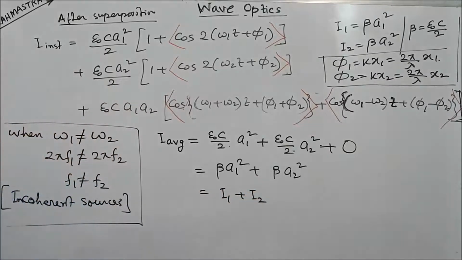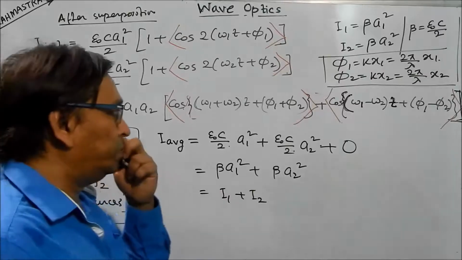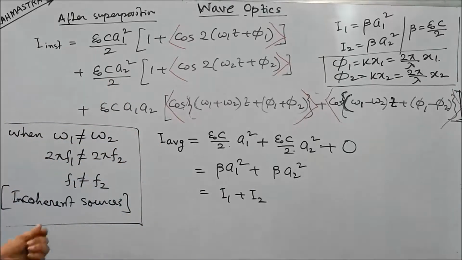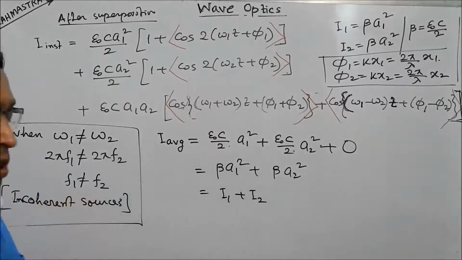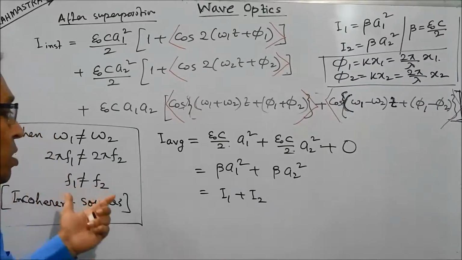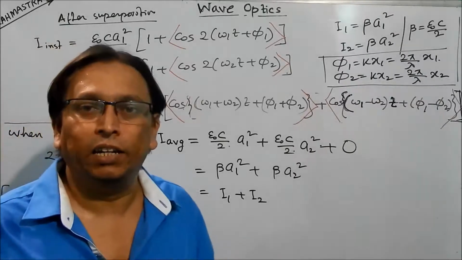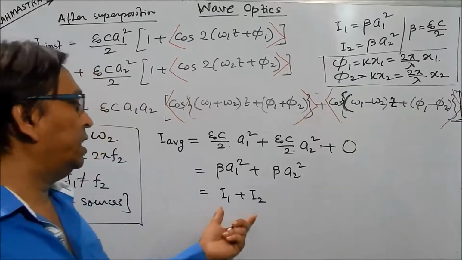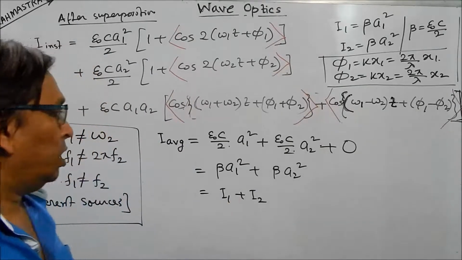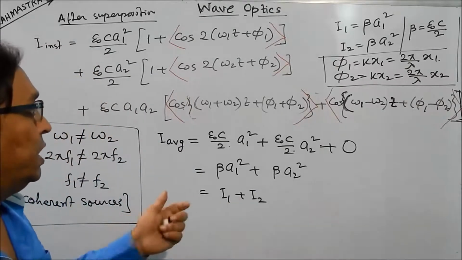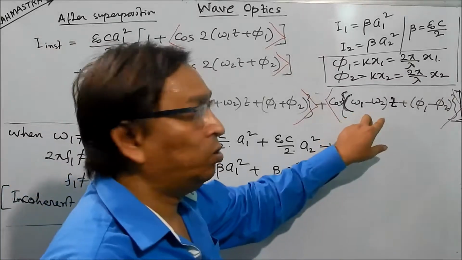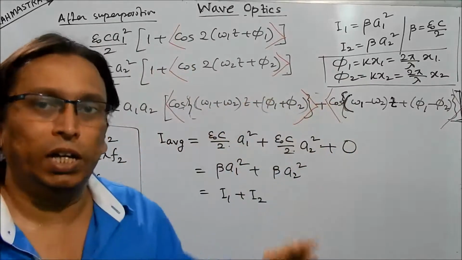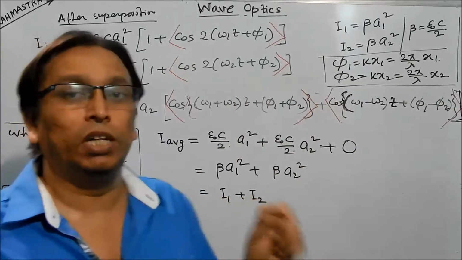That means it can be seen that if the sources are not having the same frequencies, they are having different frequencies, then you are not getting any gain in intensity. You are just getting I1 plus I2. But if omega 1 is equal to omega 2, that means if they are coherent, then there can be some chances.